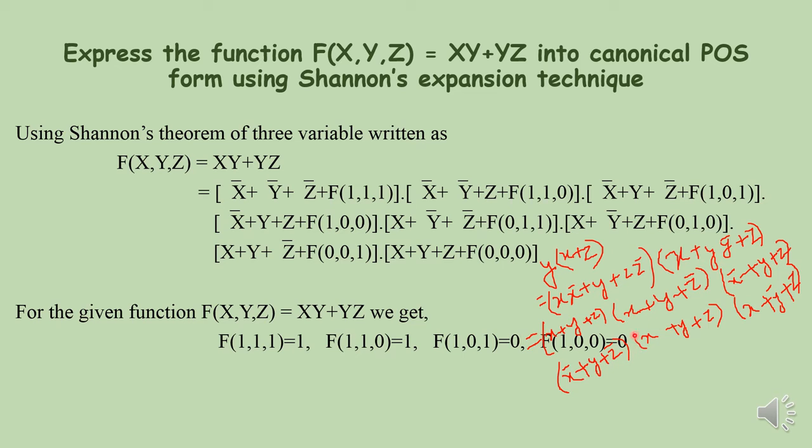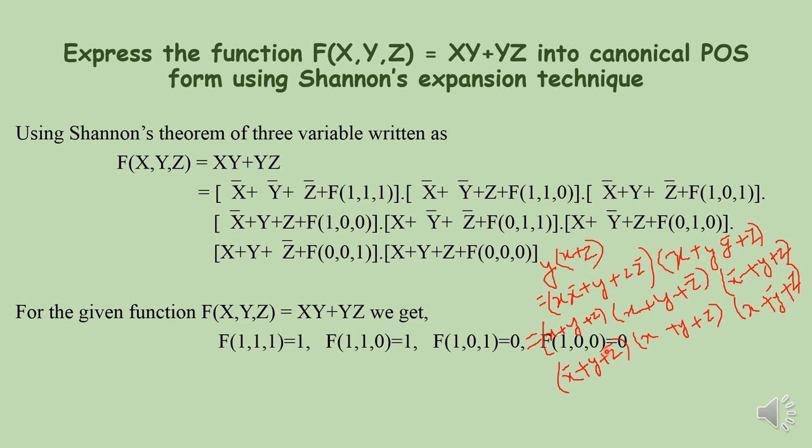So this term is also missing in this expression, so here we write 1. Next, if 1 0 1, that is equal to x bar plus y plus z bar. So this term is present, so here we write 0.